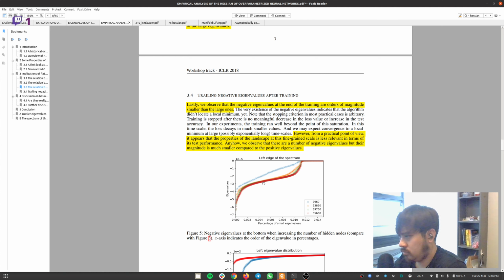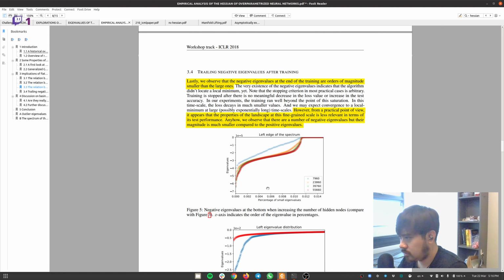So we do have quite a number of them actually. Percentage. Wait, percentage? What is? Oh, so 1%. No, wait, 0.01%. Wait, I don't understand. What is the x-axis?